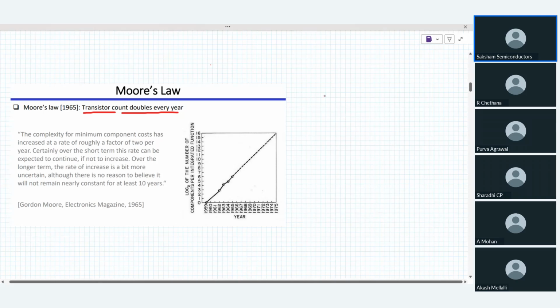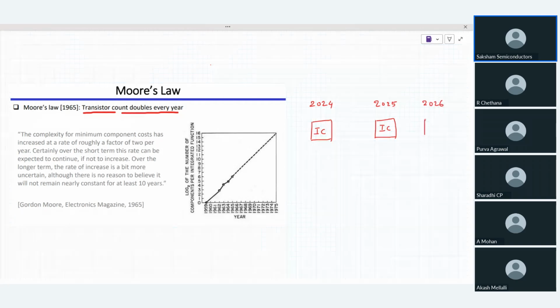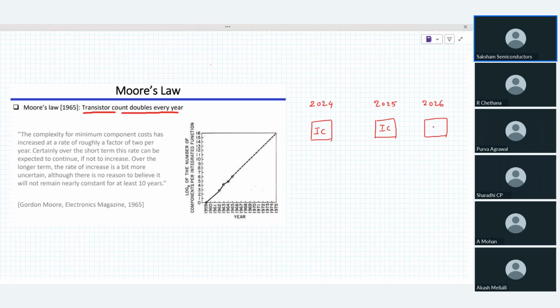That means that, let's say that in the year 2024, one IC was fabricated, and in the year 2025, the same IC has been fabricated, and in the year 2026, again, a newer version of this IC is fabricated. Now, what makes these three ICs different?